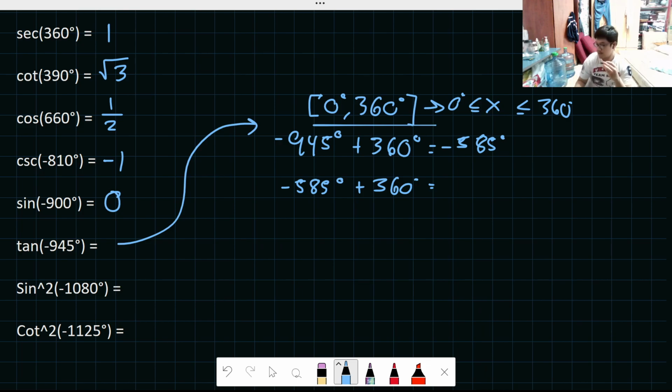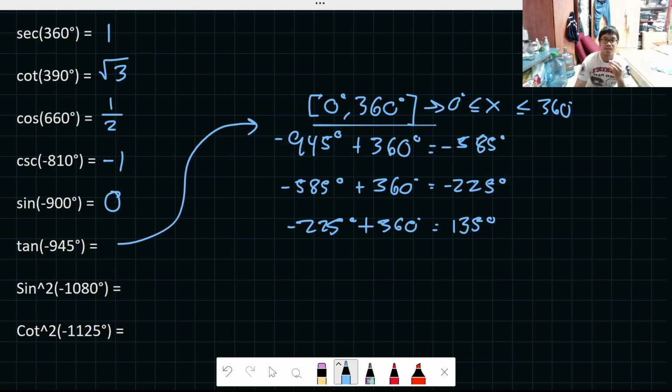So, negative 585 degrees plus 360, that's negative 225 degrees, right? But still less than 0 degrees, so we will still add 360 degrees one more time. So for here, negative 225 degrees plus 360 will give you exactly 135 degrees.